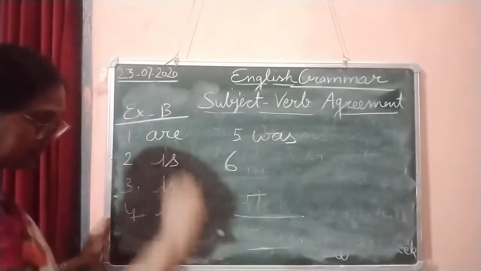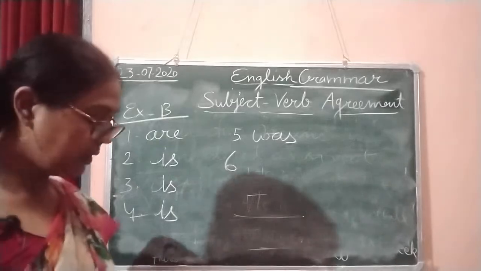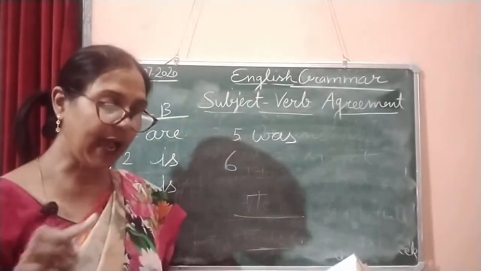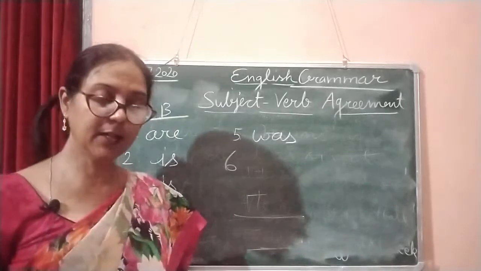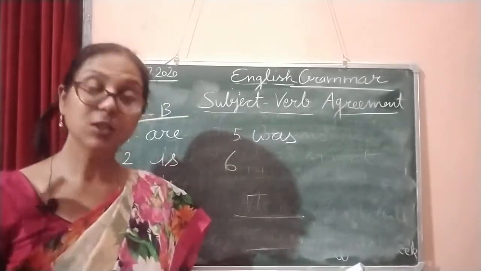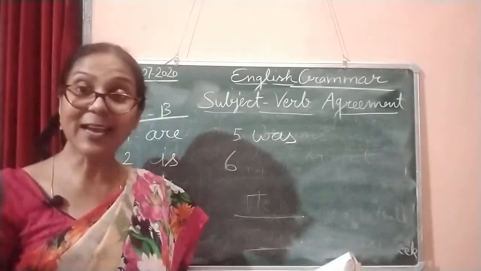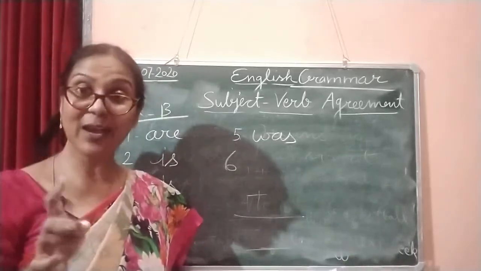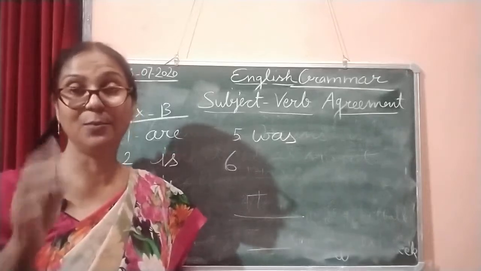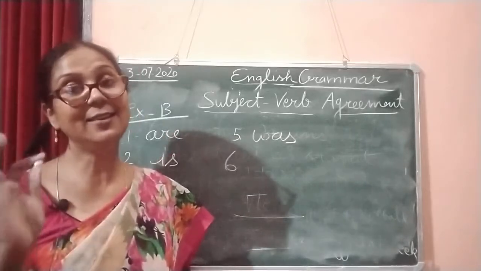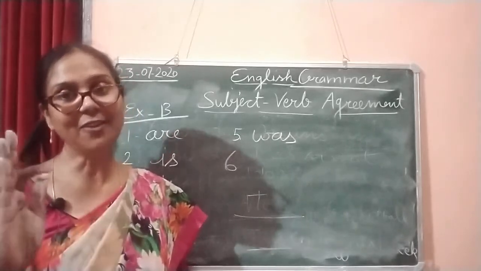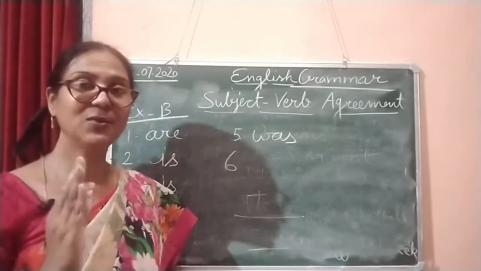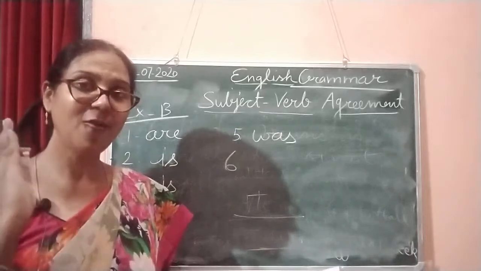Now in sixth, we are moving to the United Kingdom dash going to set up another nuclear plant soon. So United Kingdom is a country name. It is united, it has lots of states, but it is considered as a single country. So that is why we are going to use a singular verb over here.